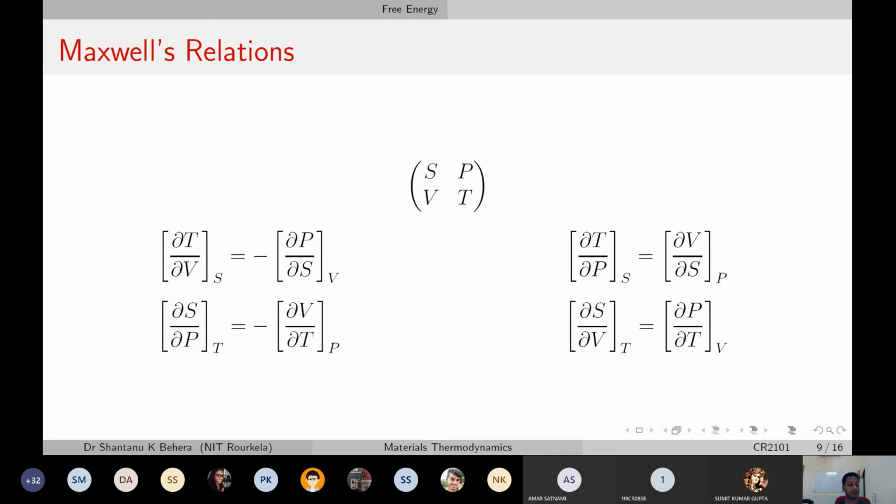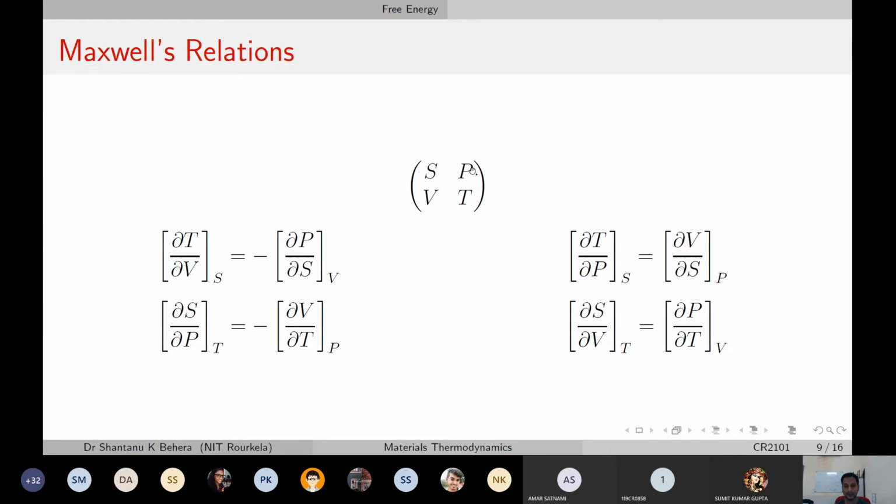sort of a shortcut rule so that you should be able to derive all of these rules. Let's say if we go like this on the horizontal basis, right? Let's say we go by del S by del P at constant temperature is del V by del T at constant pressure with a negative sign.